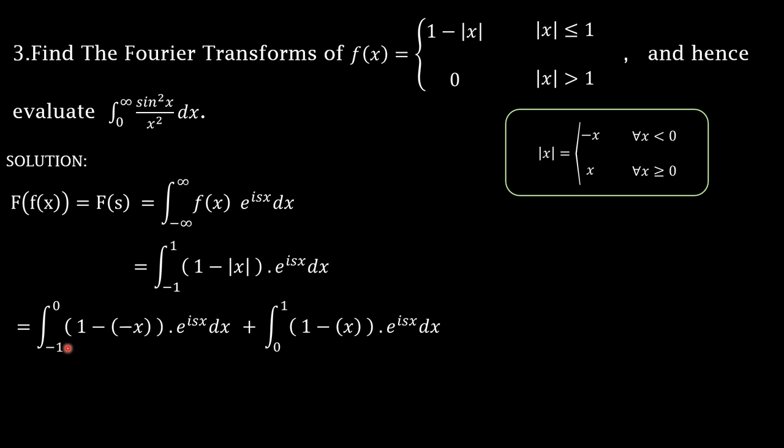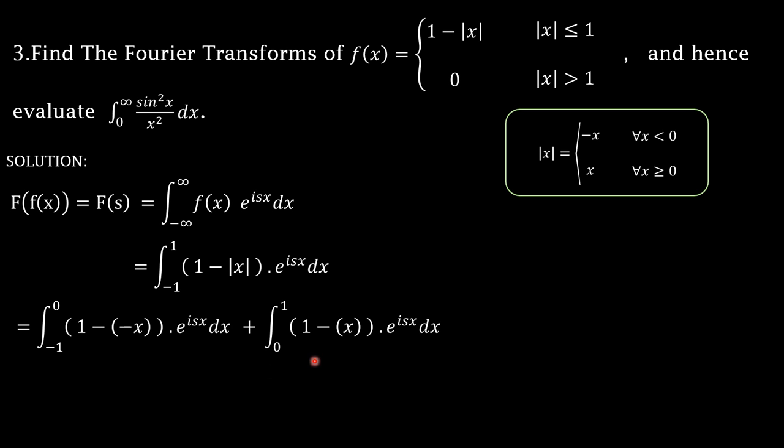And in the interval minus 1 to 0, what is your mod x value? The mod x value is minus x, because it is given that for all those x less than 0, the mod x value is minus x, right? Therefore, in the interval minus 1 to 0, the mod x value is minus x, whereas in the interval 0 to 1, mod x value is positive x or just x.